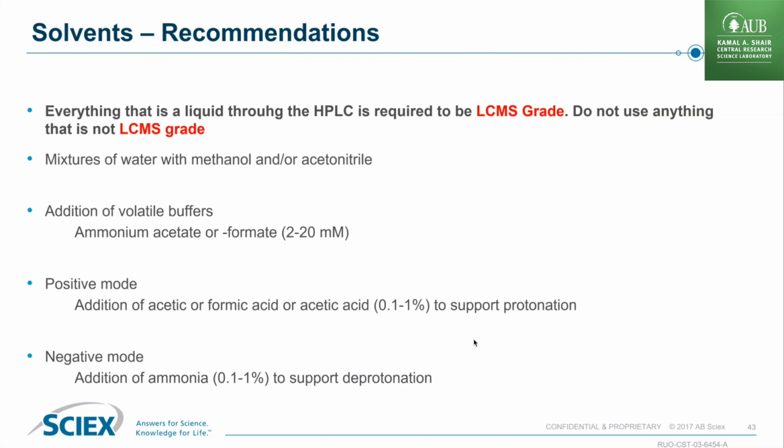Personally, when I'm starting an analysis and I don't know too much about what I'm doing, I start with that. I'll make ammonium formate 2 millimolar and formic acid 0.1%. Again, everything on this page is required to be LCMS grade. All of the solvents here are volatile. They all evaporate readily in the ion source, and they do not leave any residue behind.